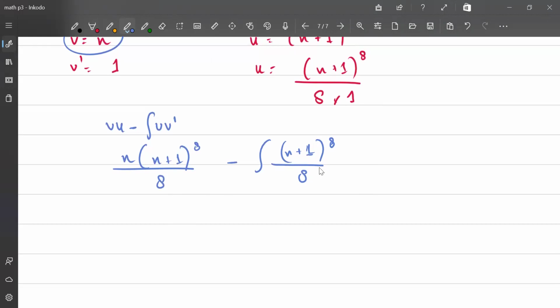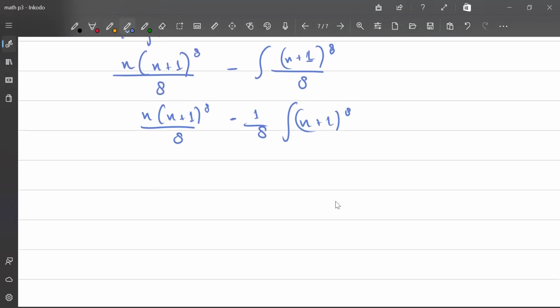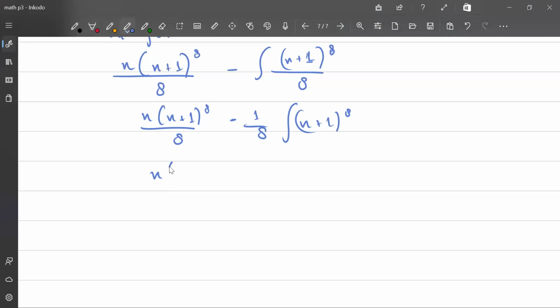So now what we'll do is move 8 outside, and now we have to integrate this like we normally would.